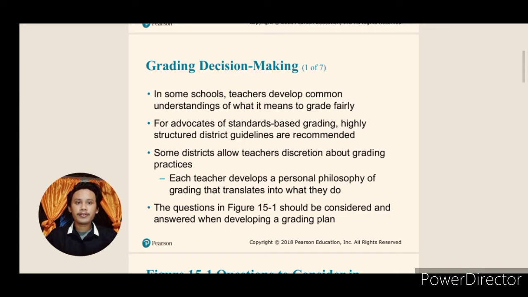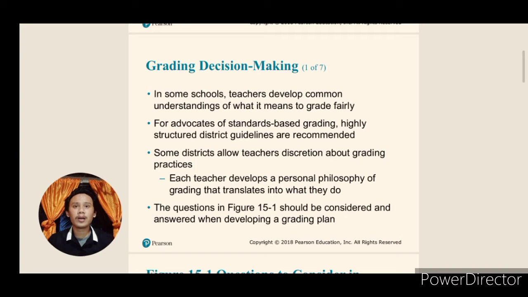Okay, so now grading decision making. In some schools, teachers develop a common understanding of what is meant to grade fairly. As teachers, it is very important that when we give our students grades, they should be fair and just. We cannot just give our students grades without undergoing some quizzes, exams, essays, or tests.